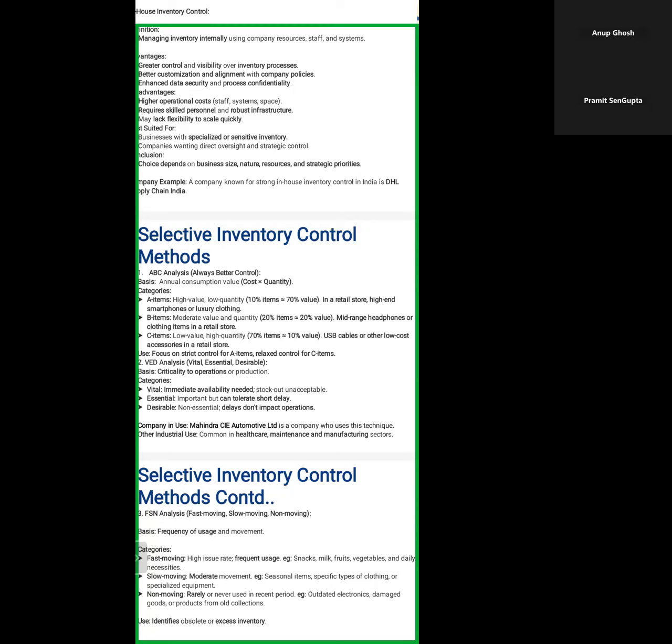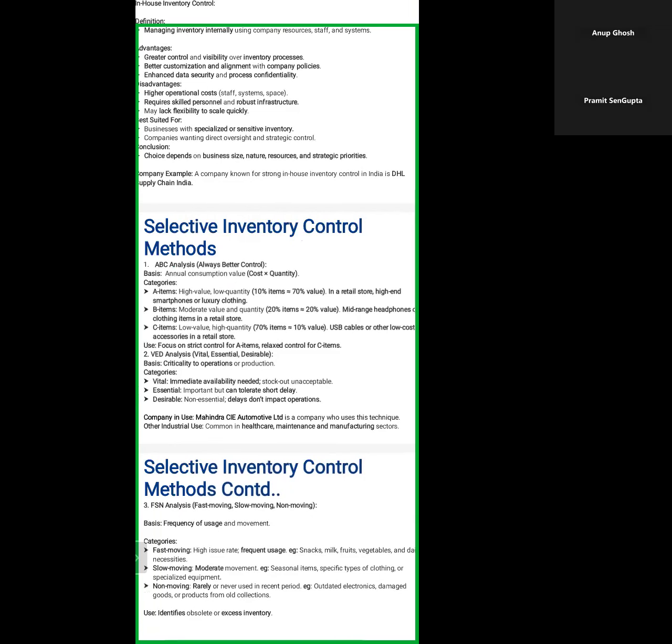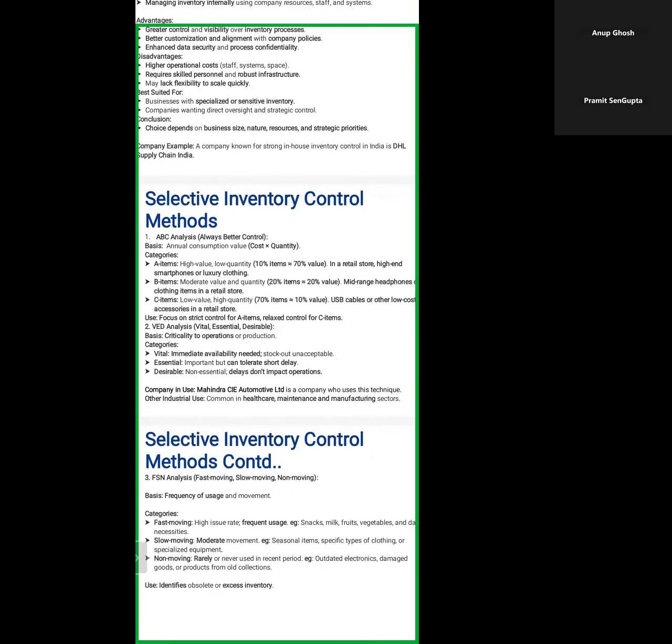Now, if we go for the examples based upon the retail store, we will find USB cables or even low cost accessories in this kind of retail stores. The next tool for selective inventory control method for make and buy decision under materials management will be weight analysis.